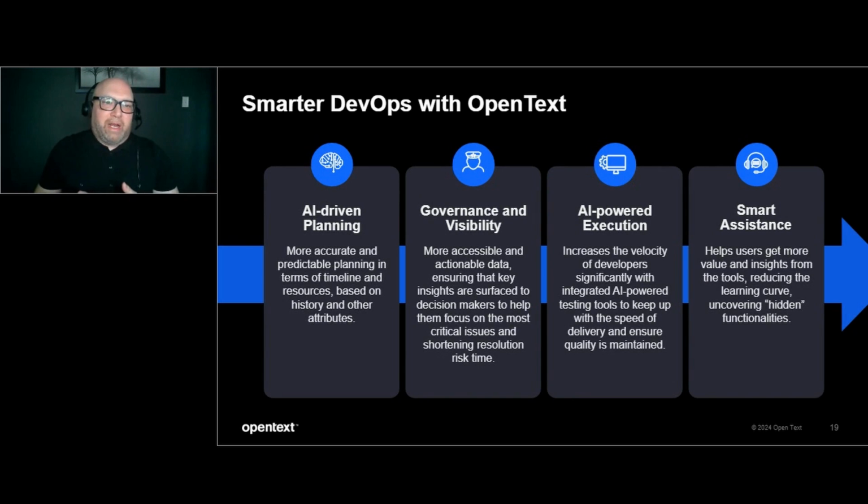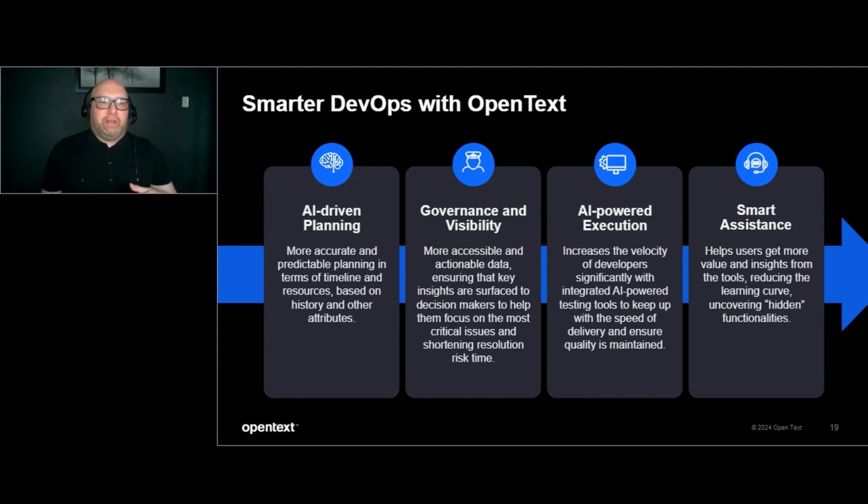For AI-driven planning, this provides more accurate and predictable planning in terms of timeline and resources based on history and other attributes. Governance and visibility offers more accessible and actionable data, ensuring that key insights are surfaced to decision makers to help them focus on more critical issues and shortening resolution risk time.